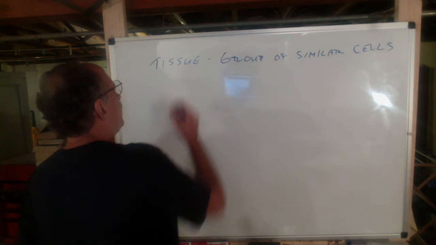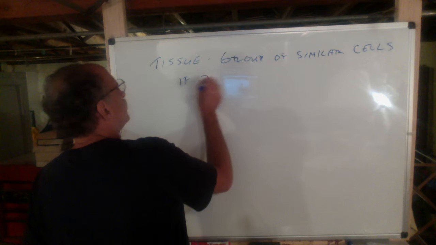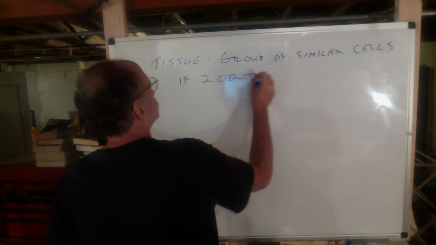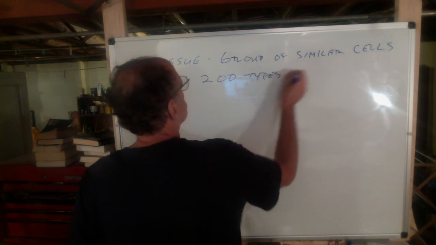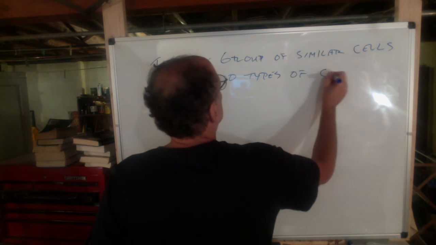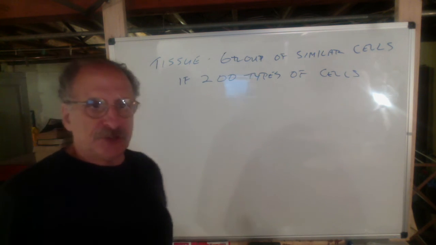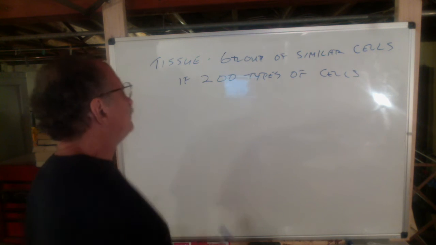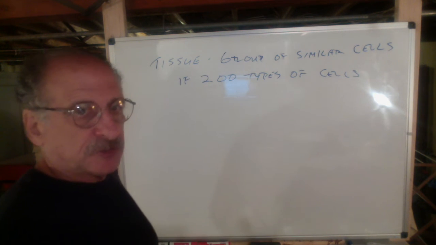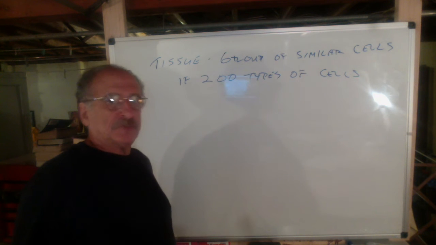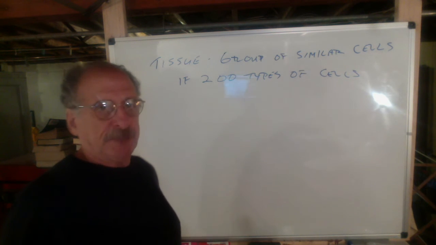Now, if we say that there's 200 types of cells in a human body, how many types of tissues could there be? Can you figure that out? Because you should be able to. I said it's 150 to 200 types of cells.